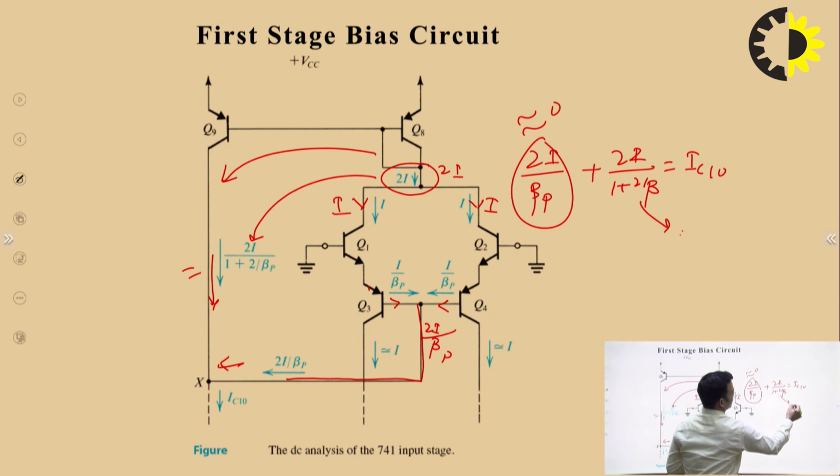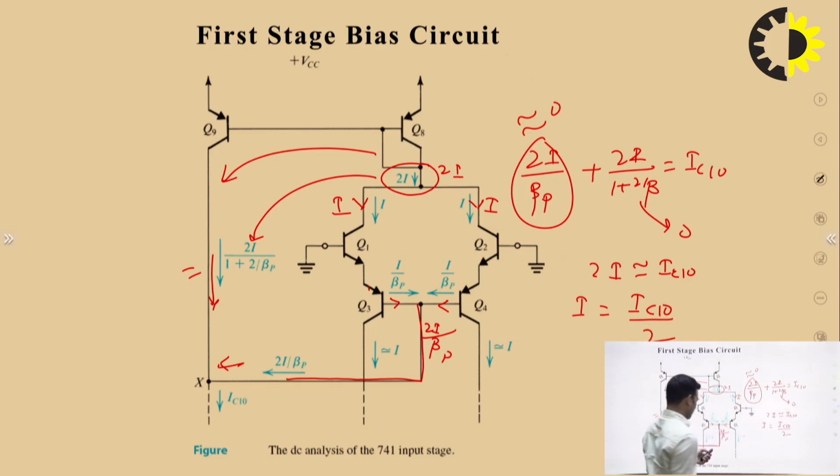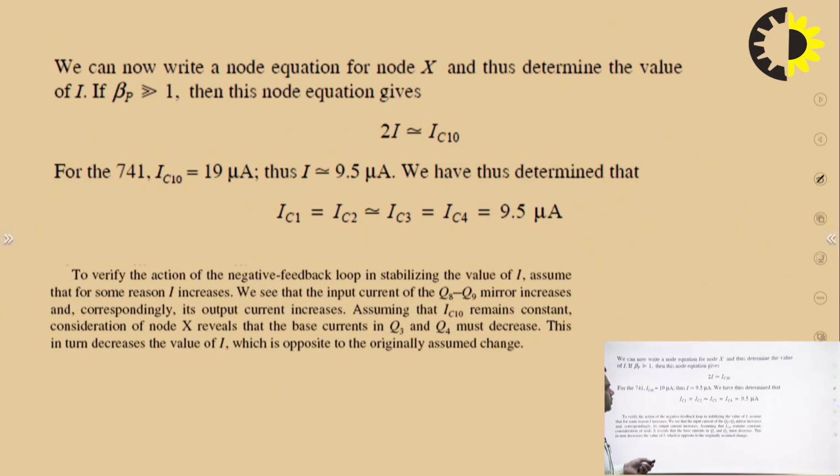So it will be 2I, nearly equal to IC10. You have already found out IC10, so I will be equal to IC10 divided by 2. We have already found IC10, so I will be half of 19 microampere, that means 9.5 microampere.